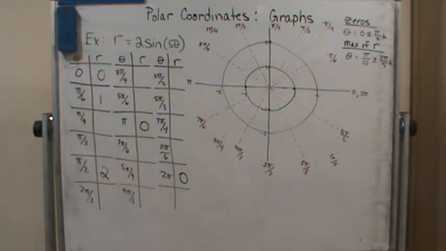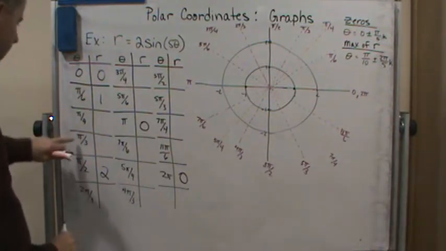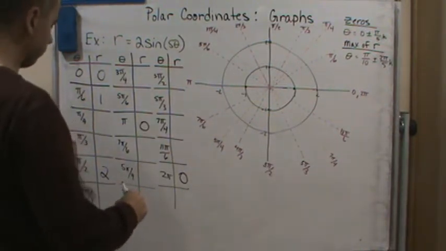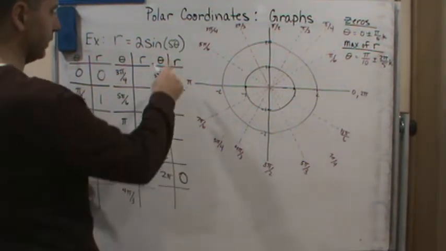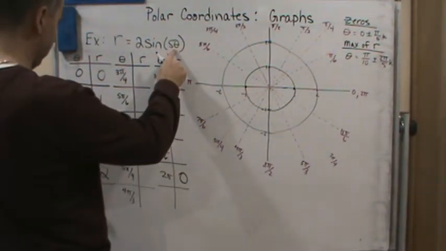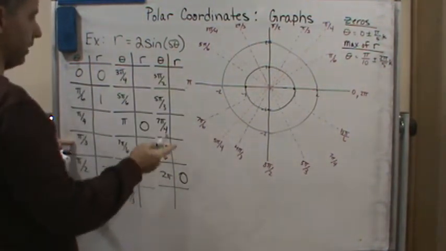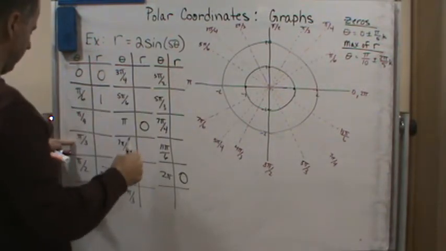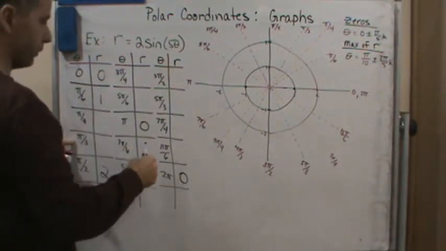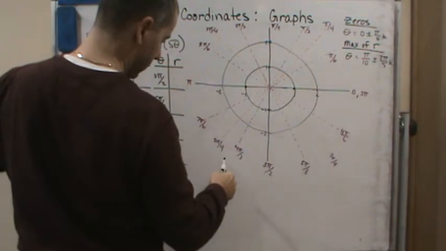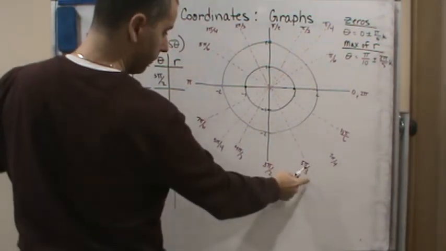Okay, so pi over 4. Well, let's do pi over 3. So we get negative 1.73. So pi over 3, which is 60 degrees, which gives us 5 pi over 3. Okay, so 5 pi over 3 is where? Where does this angle end up? 5 pi over 3 is right here.